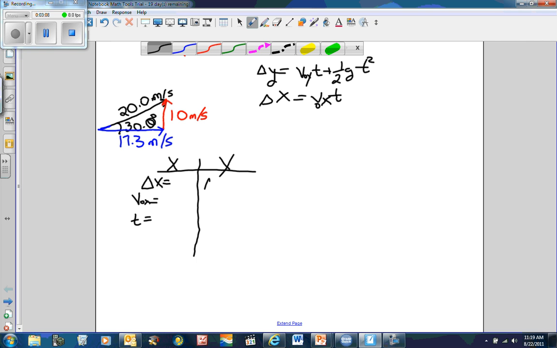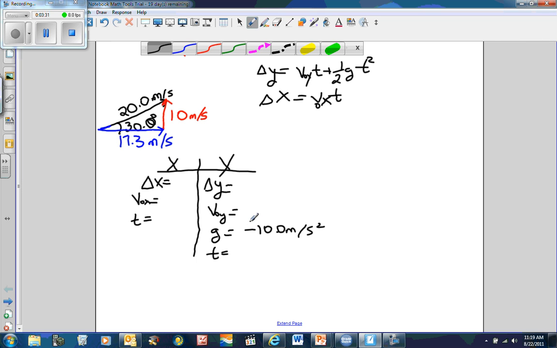And then for our y, we have 4 of them. Delta y equals, initial y velocity equals, of course we know already that g equals -10 meters per second squared, and t equals.